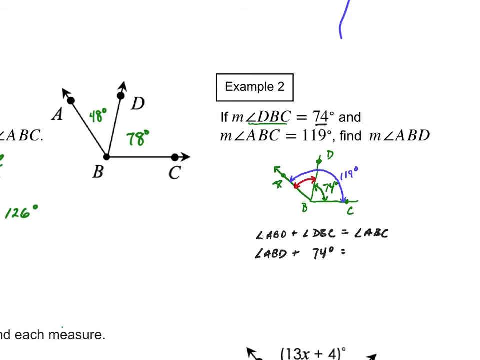And it tells me that ABC is 119. And I can isolate, do some inverse operations. I can subtract 74 from this side, so I have to subtract 74 from that side. And I know that angle ABD is equal to 119 minus 74. Gosh, is that 45 degrees? There you go.